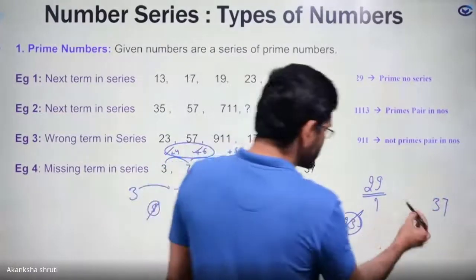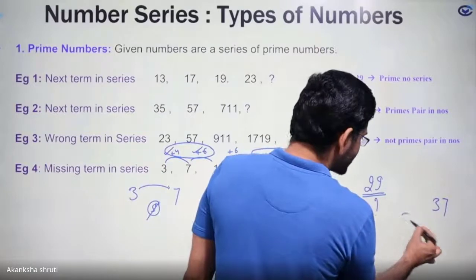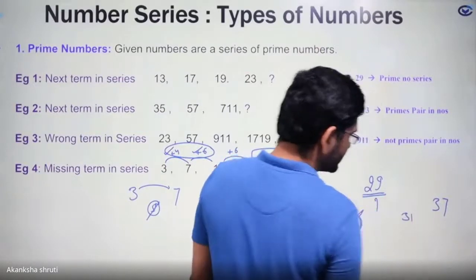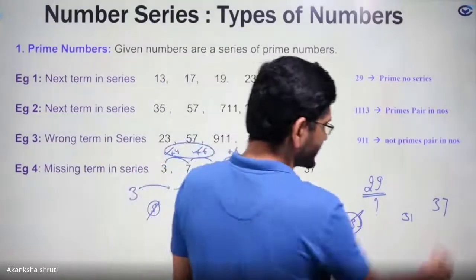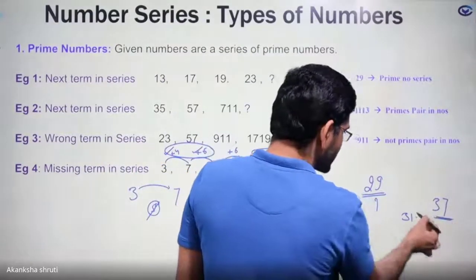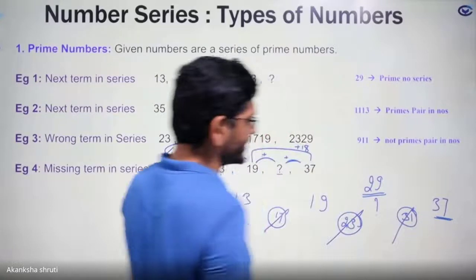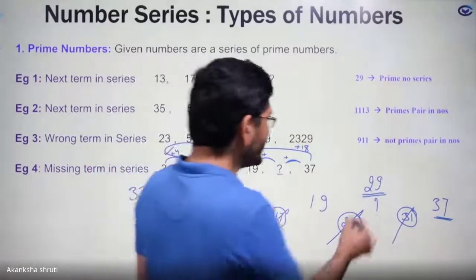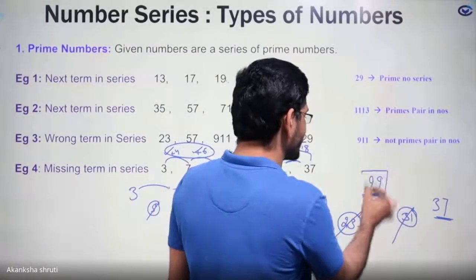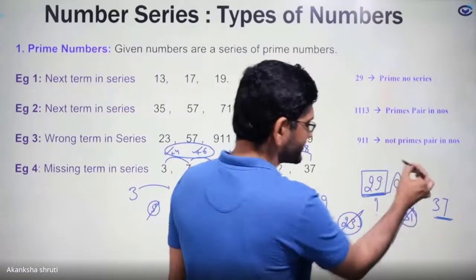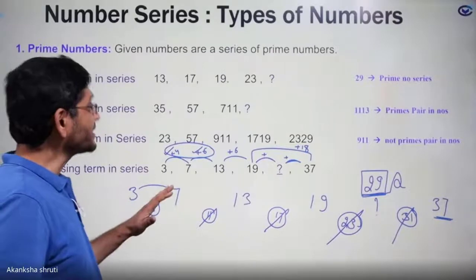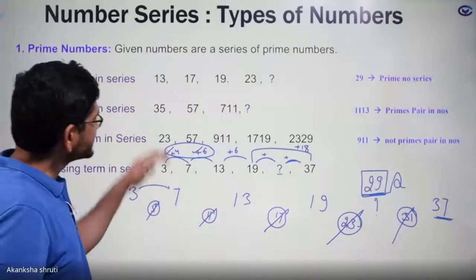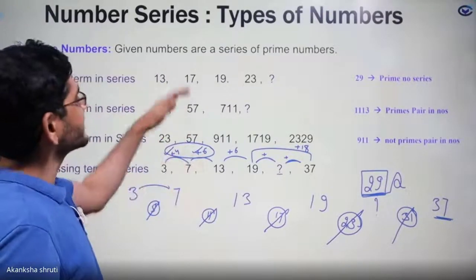After this 29, we will get 31 or 37. 37 is already there, so 31 is also skipped. It means 29 is the correct answer. So this way we have learned that the prime number series can itself be formed in various forms.